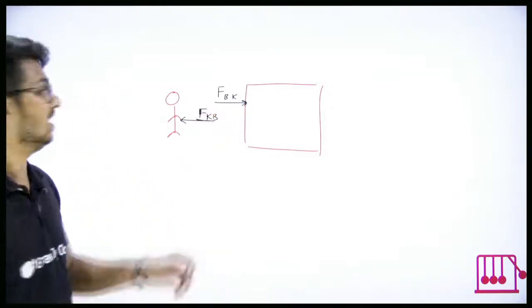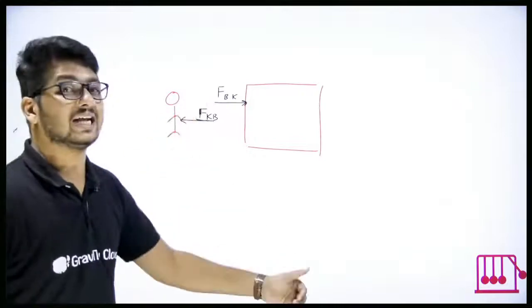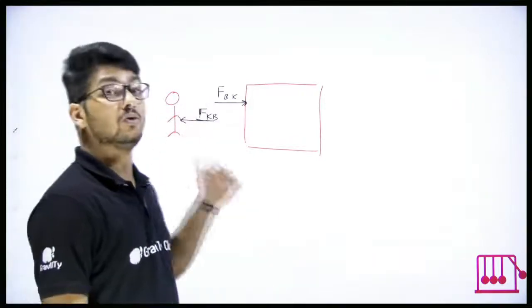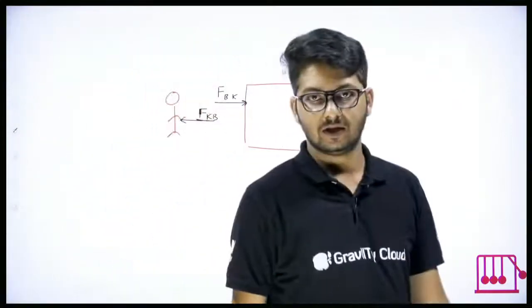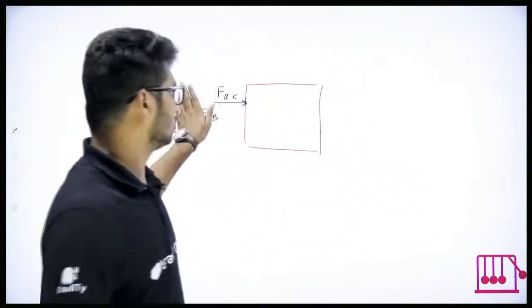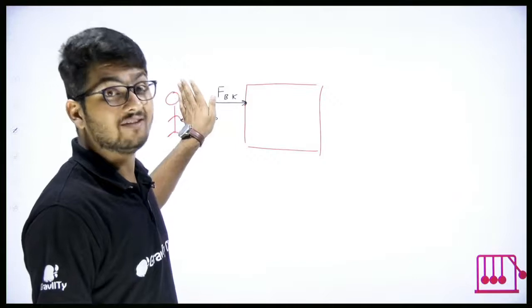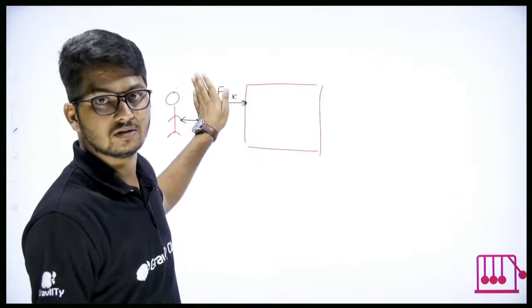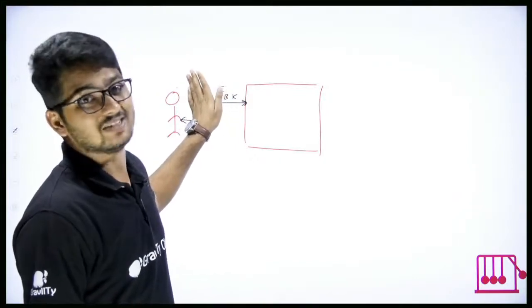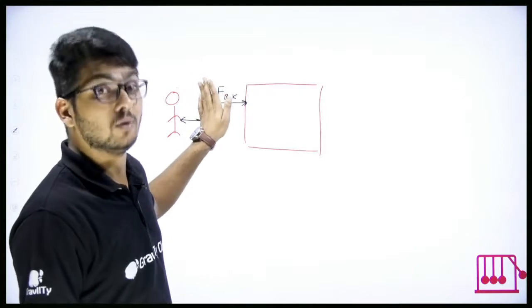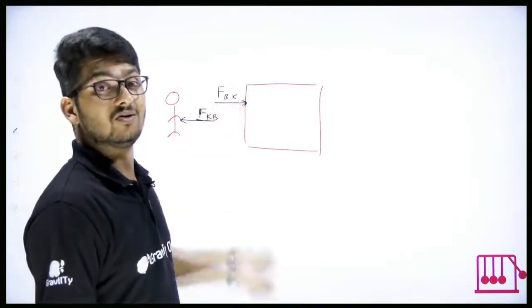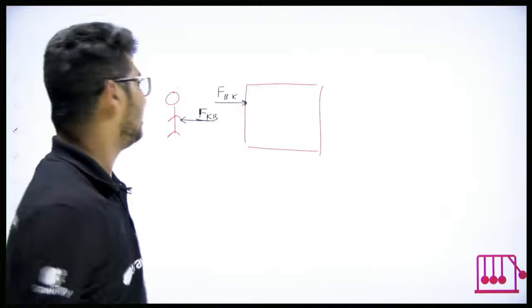That means you can clearly see the two forces, action and reaction, are acting on two different bodies. Now if I look only at the box and the forces acting on it, there is only one force acting on the box. And if there is only one force acting on the box, it will move. Yes or no?